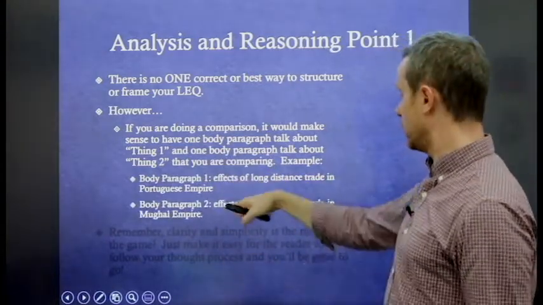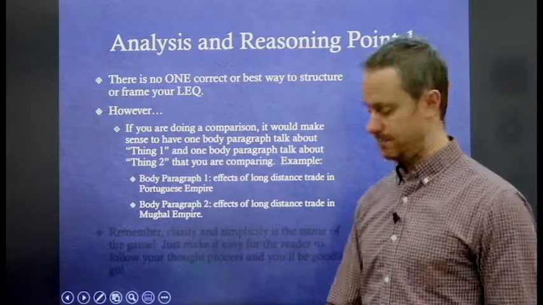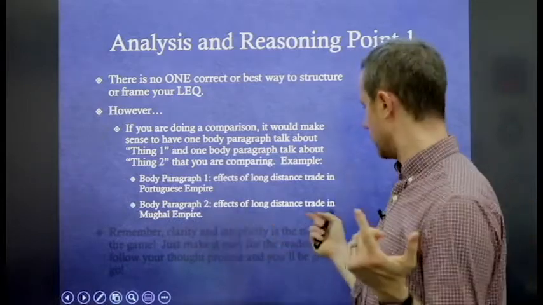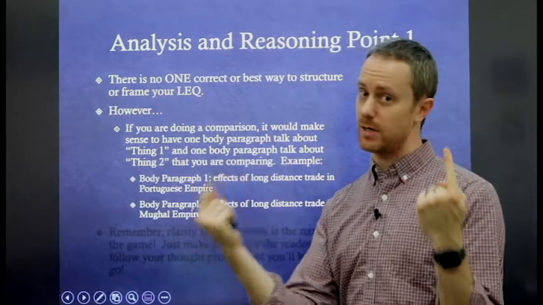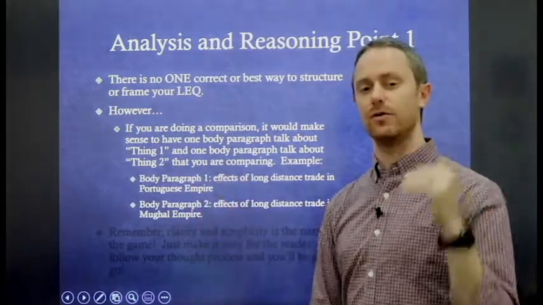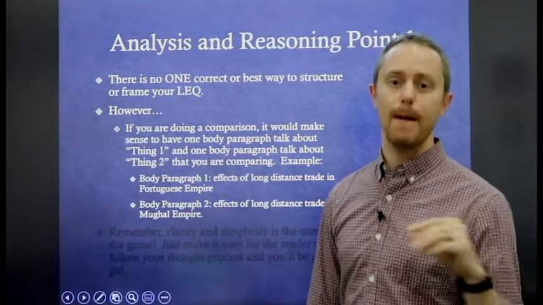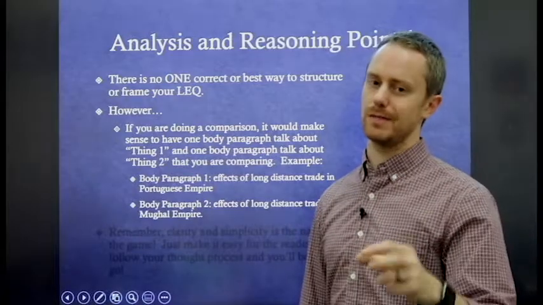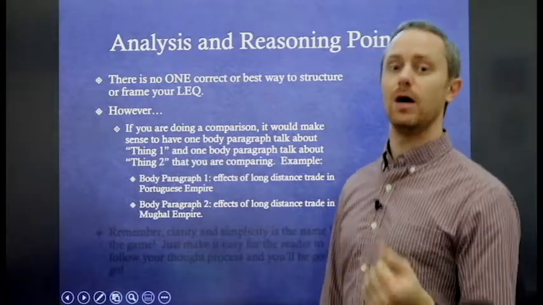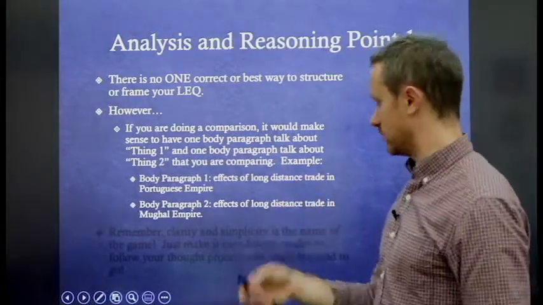Body paragraph 2, the effects of long-distance trade in the Mughal Empire. Long-distance trade is the topic. These are the two empires I'm comparing, similarities and differences. Makes sense that they'd have 2 different paragraphs. Very simple, but again, it spells out for the reader how you are framing your argument around that historical thinking skill of, in this case, comparison, okay?